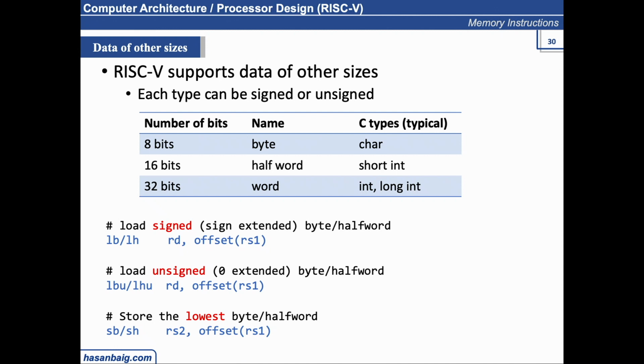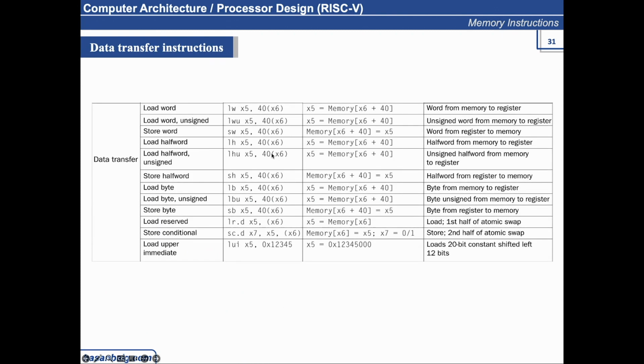So we have these instructions for memory: load word unsigned, store half word, load half word. There are a couple of different instructions here. We do not need load word unsigned for a 32-bit processor, because the register size is already 32 bits.